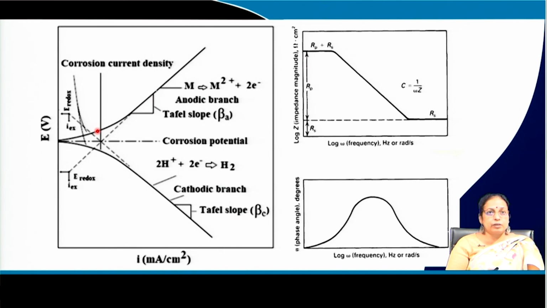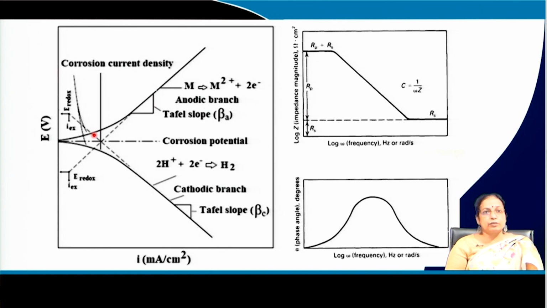But on the other hand, if the oxide film which is forming on the surface is highly porous in nature, if it is not protective, then you will find that as the component is kept in that solution, gradually there would be loss of material because of the corrosion, and that particular loss of material or corrosion process is reflected from the I corr value, or maybe the corrosion current which is flowing through the component. So, you just record the corrosion current as a function of time at a fixed applied potential.